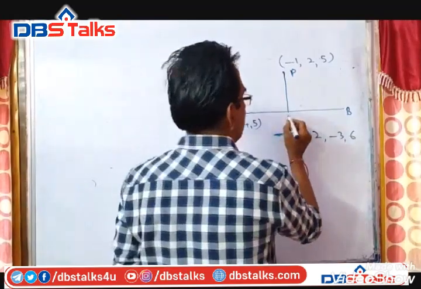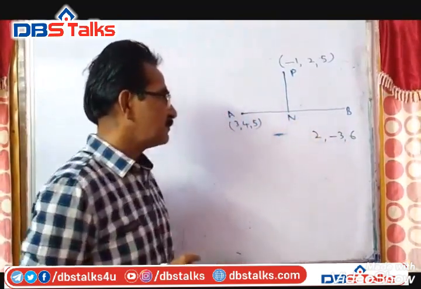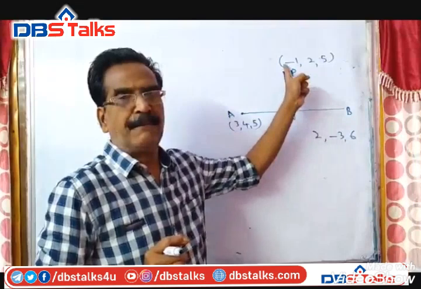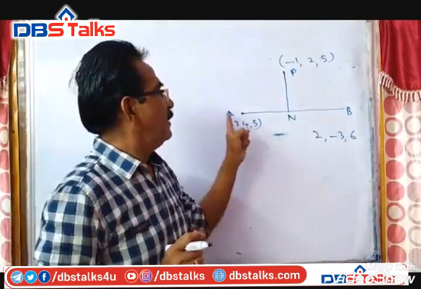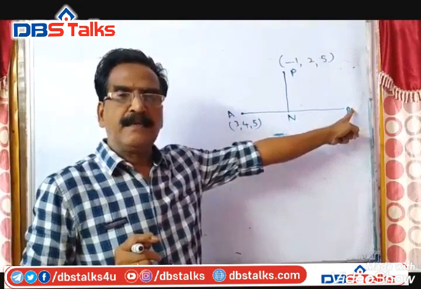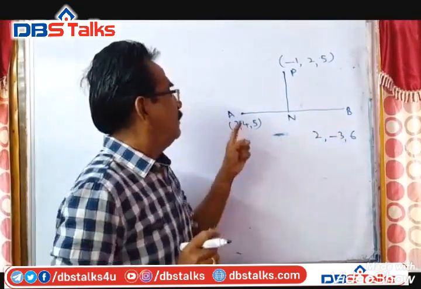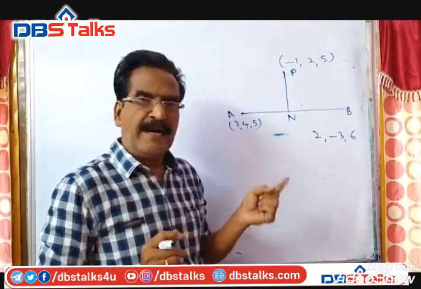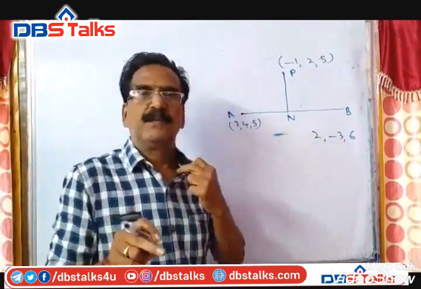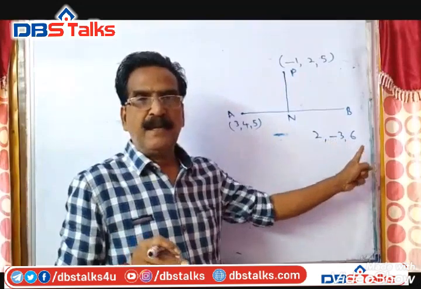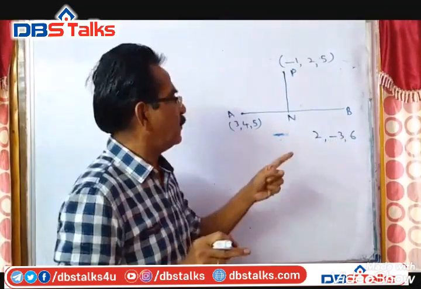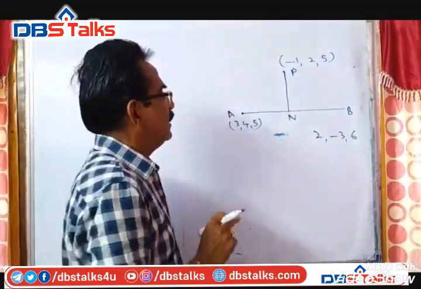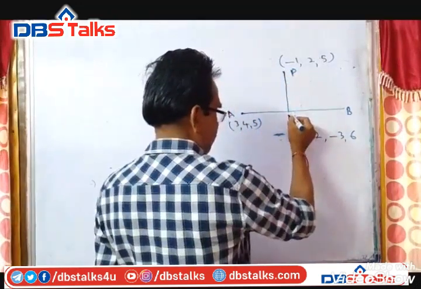Say this is N. We have to find the distance from P to N. AB is the line passing through (3, 4, 5), and the direction cosines of AB are proportional to 2, minus 3, 6. Now we have to find the distance PN.